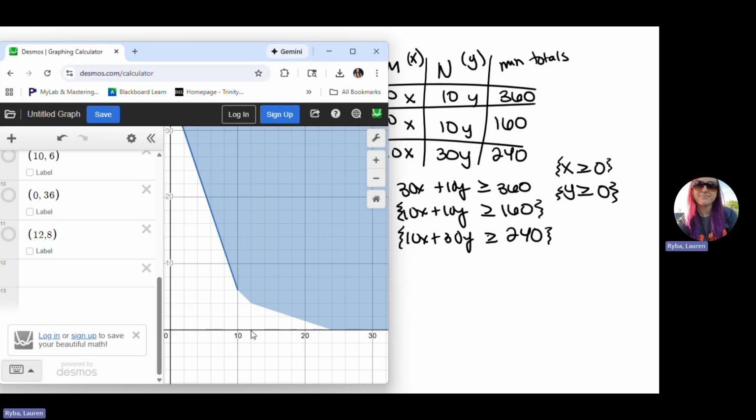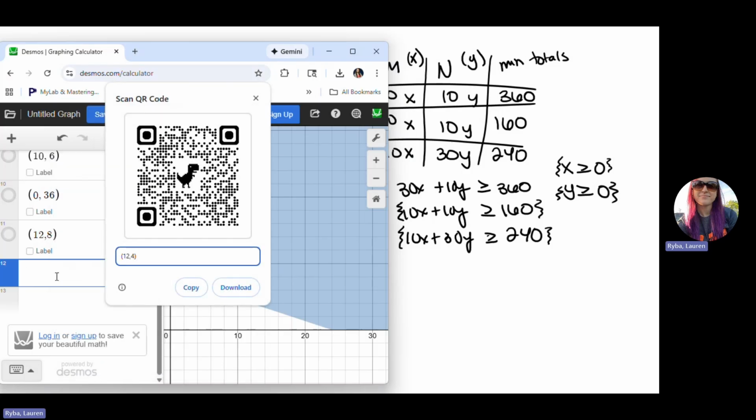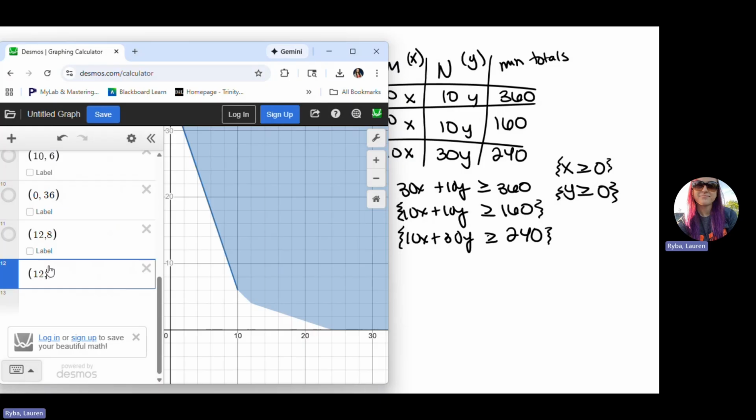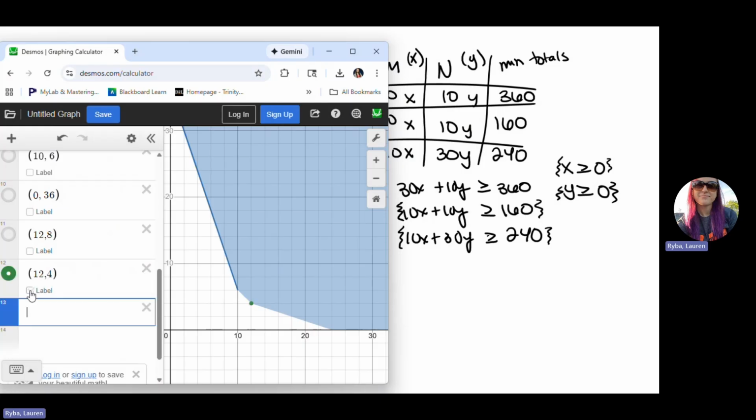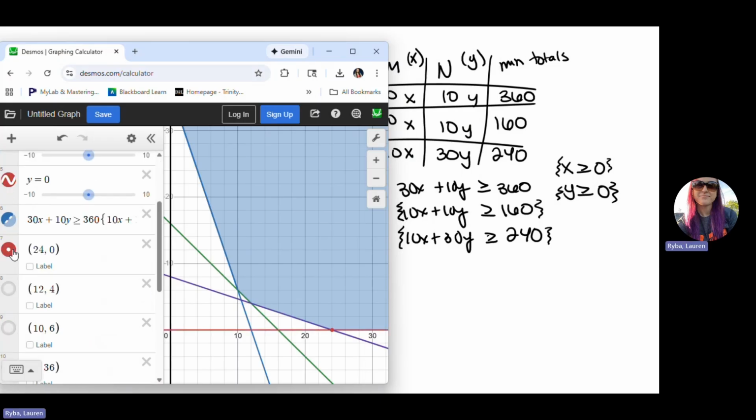So this is 12.4. Then I could just come over here and type it, 12.4, comma, and then I can label it myself. So it's just preference. I prefer to use the lines that are there and just find their intersections because to me that's faster. But either one will give you your corners.